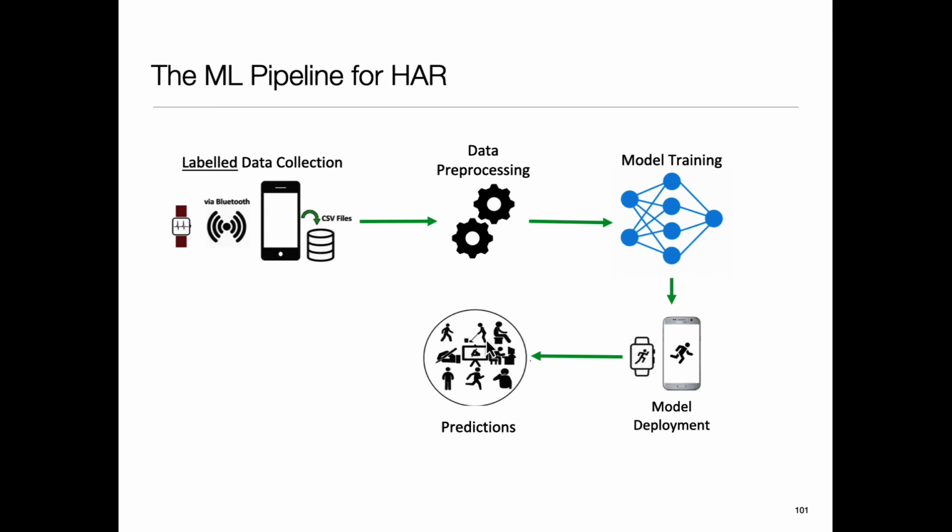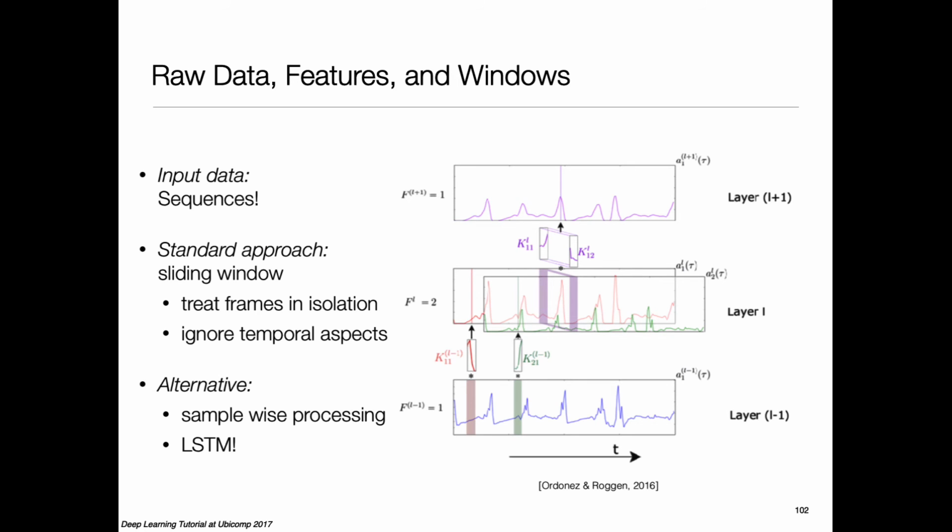So the ML pipeline of HAR typically looks like this: you collect the labeled data, you do some data pre-processing, you train the neural network model, and then you deploy it. And this is what tools like Edge Impulse, that Swapnil also mentioned, take care of very well. Some of the decisions one has to make: should one work with raw data? Should one work with features, windows? If windows, what size windows?